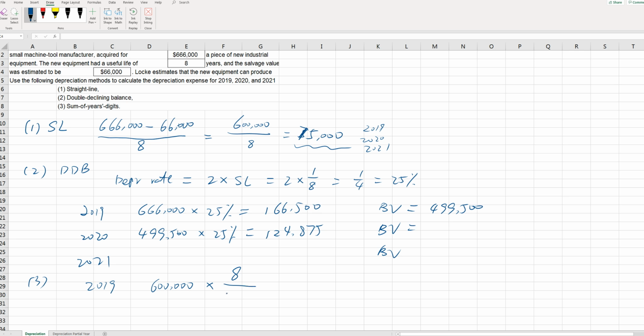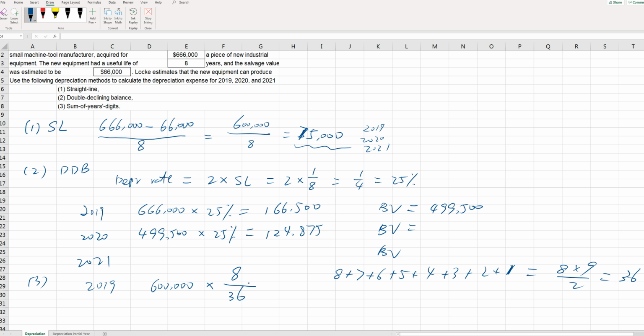The denominator is the sum of the year digits, which means adding all the useful years for the next 8 years. If you add them together, it's 36. So for 2019, we apply this depreciation rate.